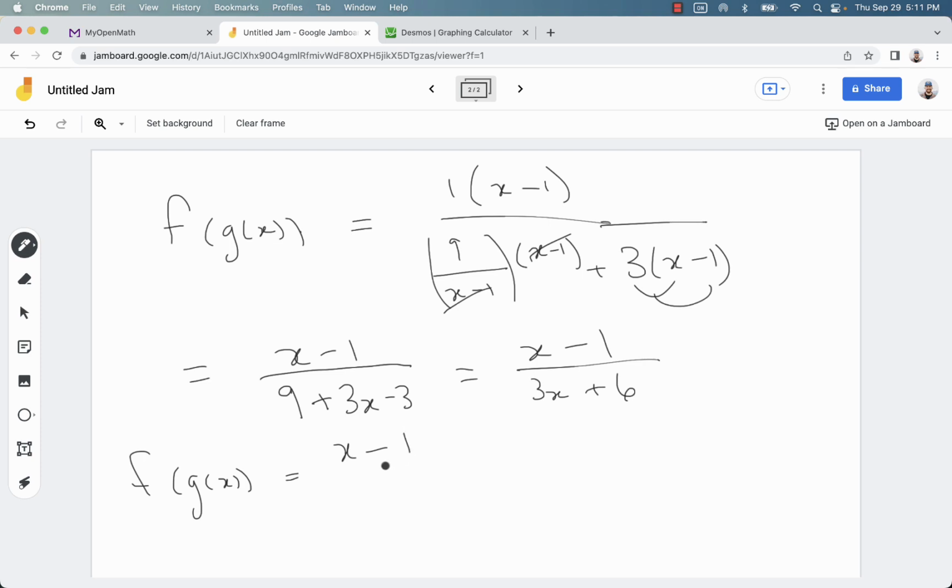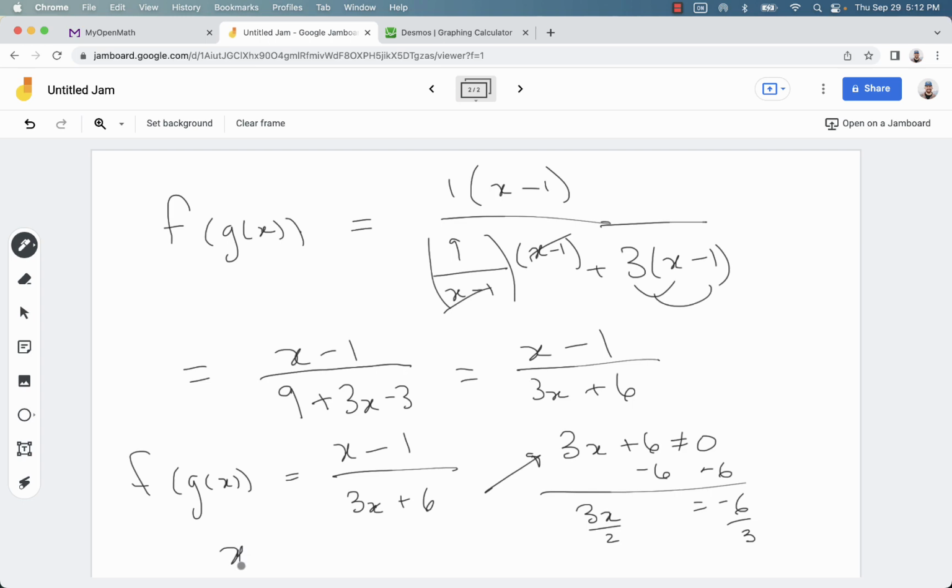And if we want to see what would make the denominator 0, we just take that 3x plus 6. It cannot equal 0. So two-step equation, minus 6 and divide by 3, and you're going to get -2.